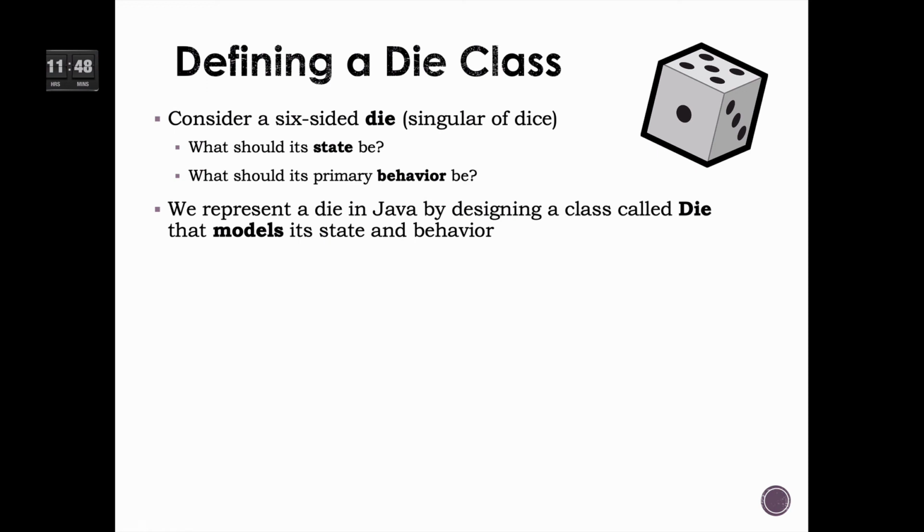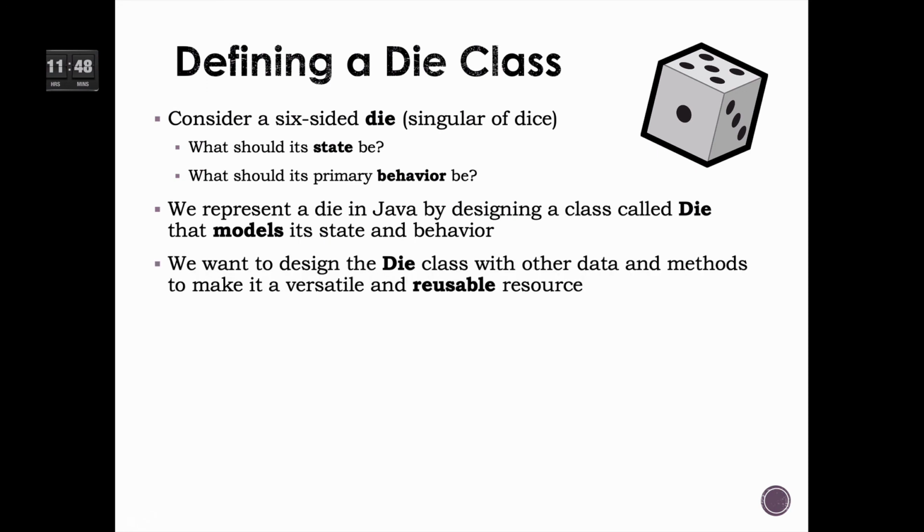So we will design a class in Java called die, and by doing that, we will be able essentially to reuse our resources of the dice. That is, once we define a single die, then we can reuse it and instantiate multiple dice.